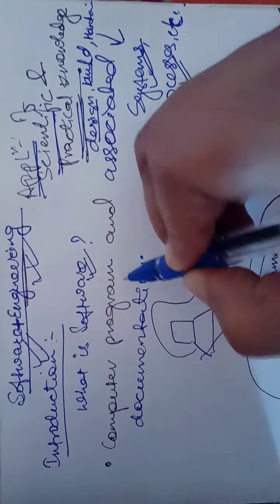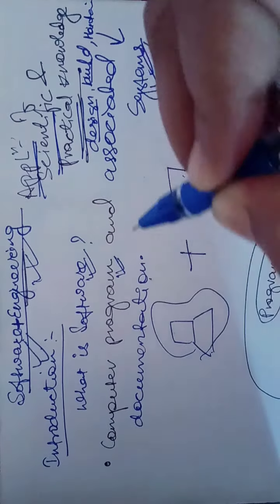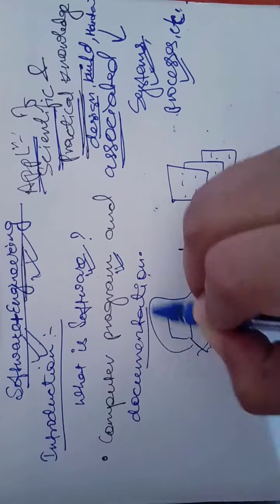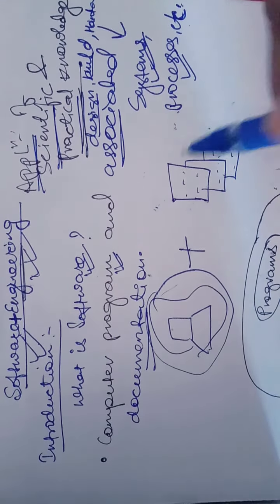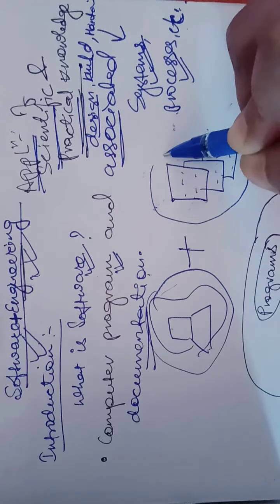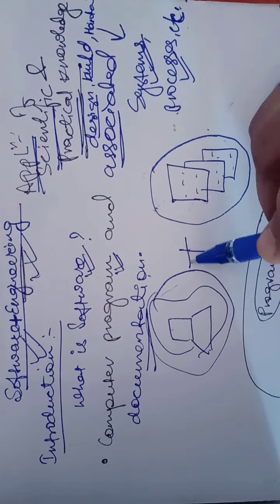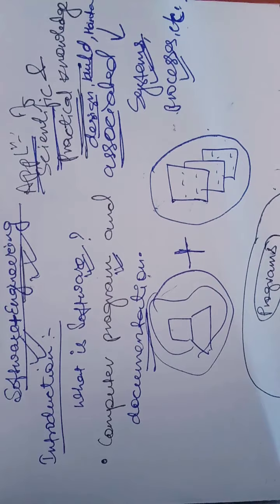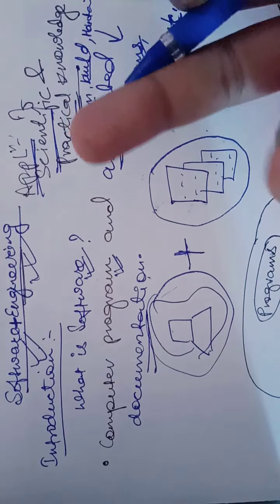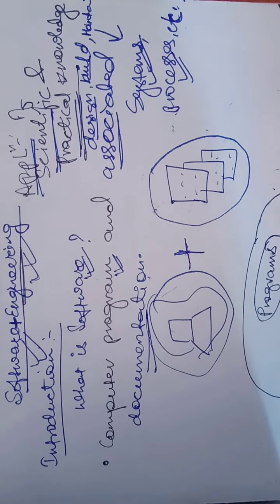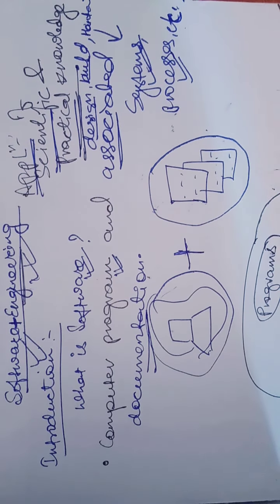But it is not just the computer programs which make a software, also the associated documentation. All the computer programs that we write plus the documents related to those programs. We all understand the difference between hardware and software.